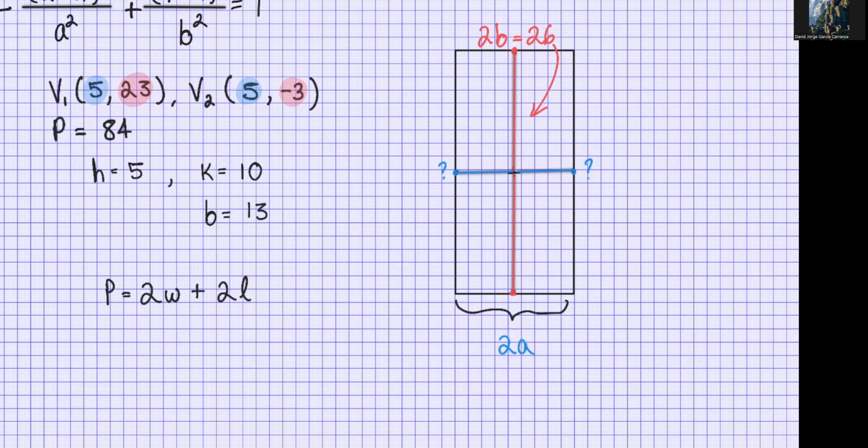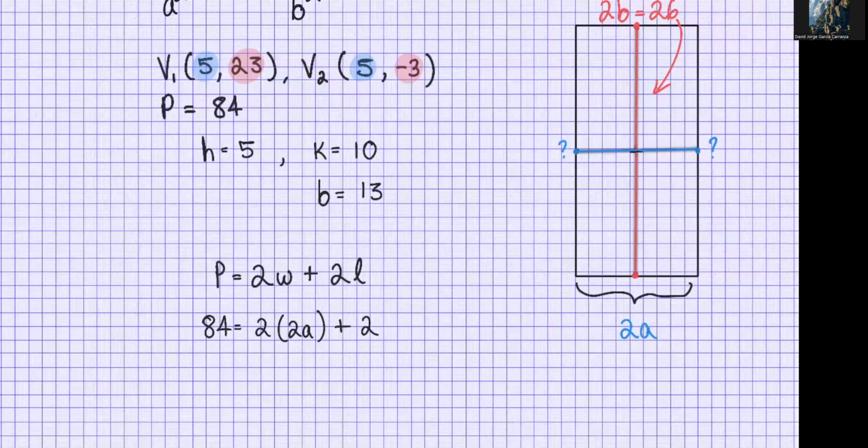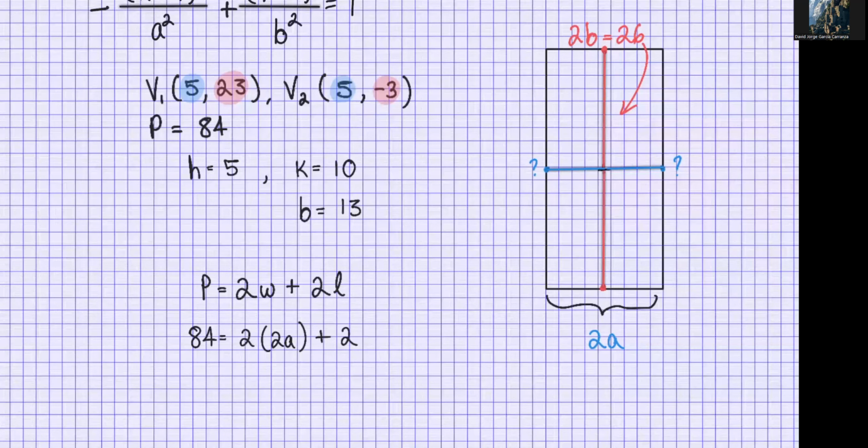By doing a little substitution, we will see that we have everything ready. The perimeter, we already know, is 84 units. So twice the width, which is 2a, plus twice the length, which we have already calculated, 26.